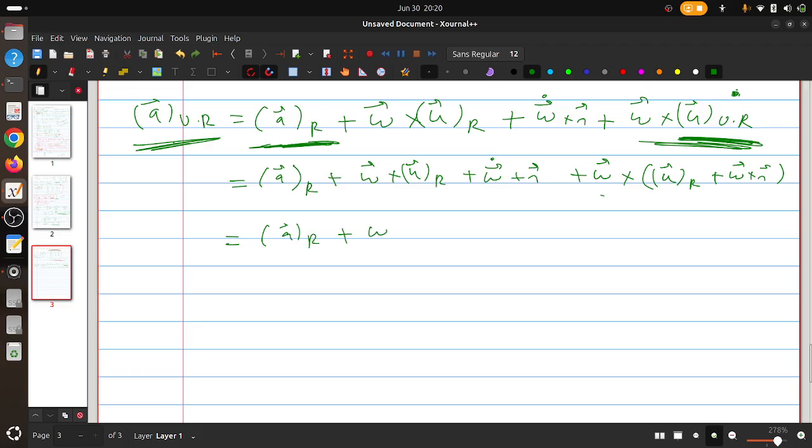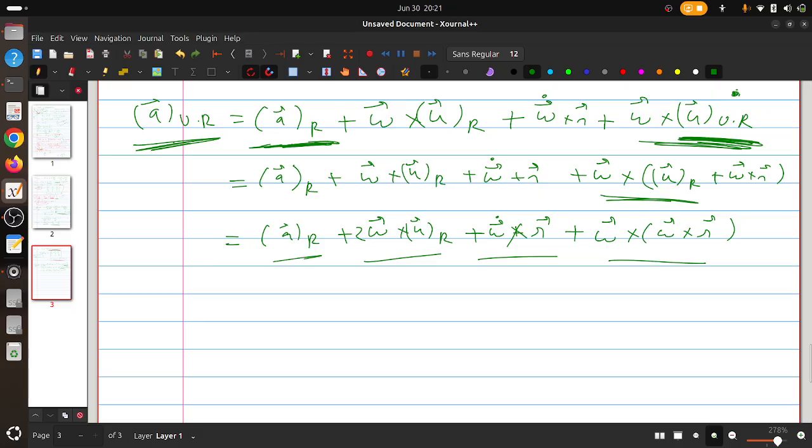If we just expand this, there will be two terms, omega cross ur, and omega cross ur is already there. So it will be 2 times omega cross ur plus omega dot cross r plus omega cross r. So we have three terms here, one, two, three, and this is acceleration in the rotating frame.